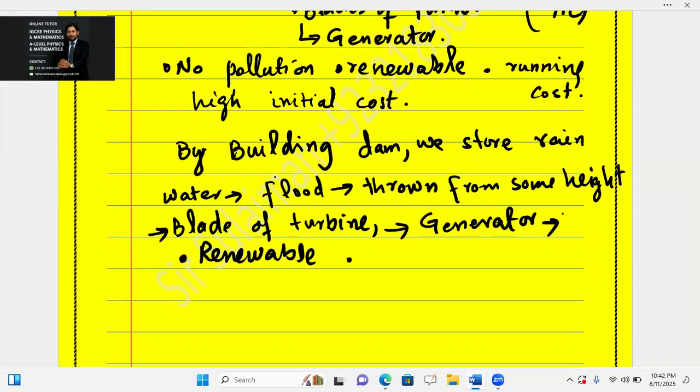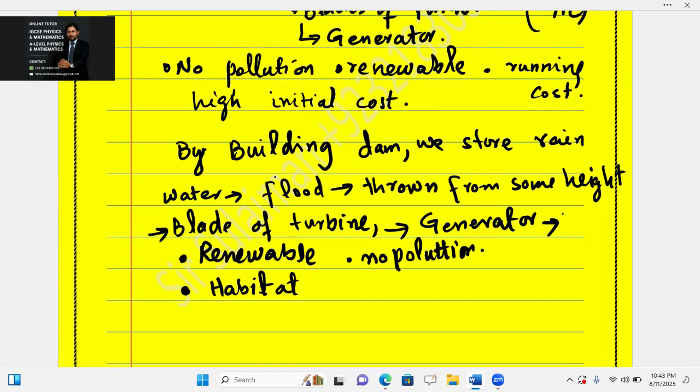No pollution, but a big impact on the environment, while habitat is being disturbed. So I will say here no pollution, but there are side effects also, that you are going to destroy the habitat of living organisms or wildlife.